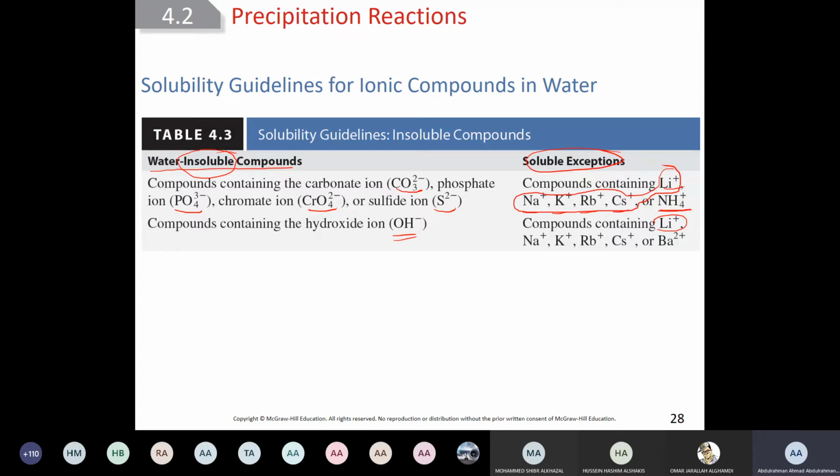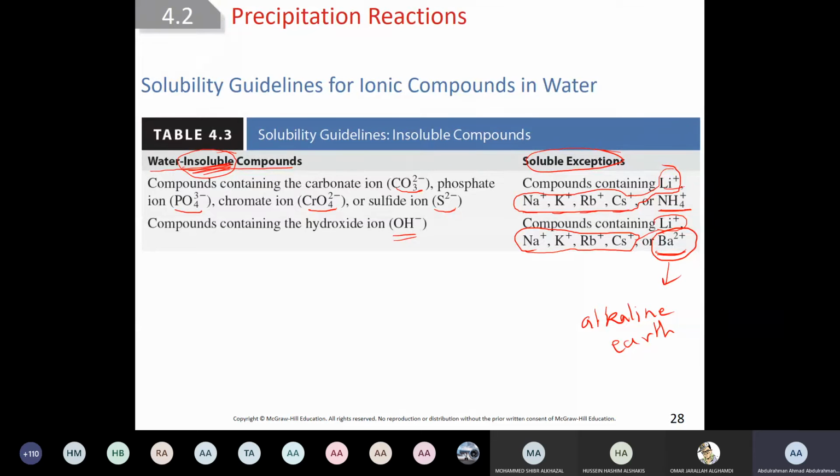Alkali. And in addition to this, only Ba2+ from the alkaline earth. The last one. You have the periodic table with you. Barium is at the bottom of the alkaline earth. Others will not dissolve in water. So these are insoluble in water.